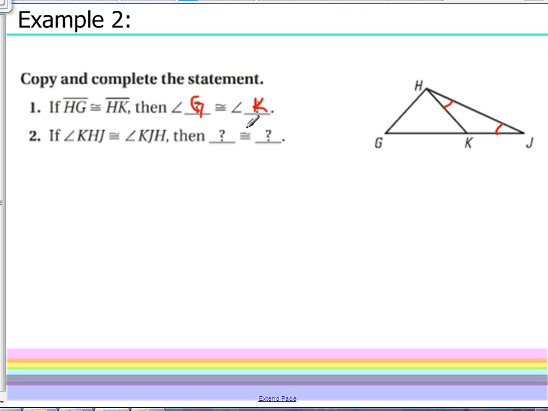Well, the ones that are opposite them would be HK and KJ.